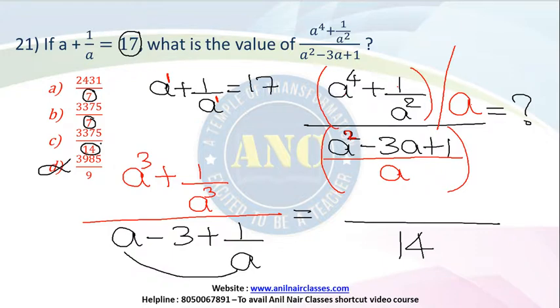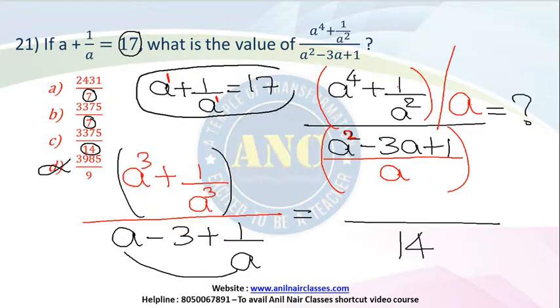Now there are 3 options, so I cannot solve it by options right now. I need to find the value of a cube plus 1 by a cube. I have already told you before starting this problem, if a plus 1 by a is equal to k, and in this question that k value is 17, then a cube plus 1 by a cube will become k into k square minus 3, which is 17 into 17 square minus 3. 17 square is 289, and 289 minus 3 is 286.